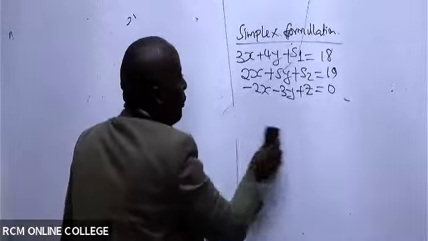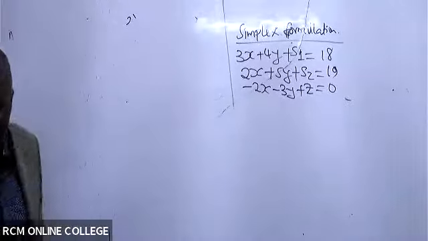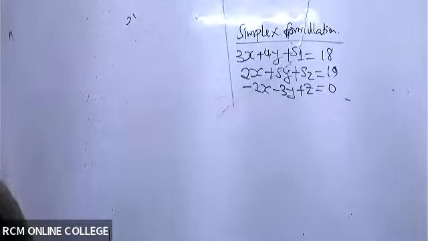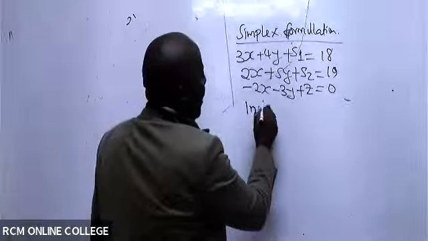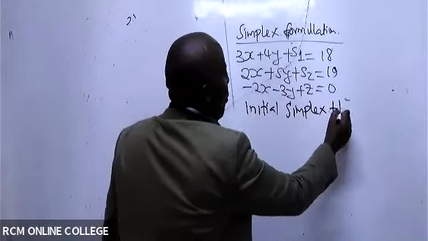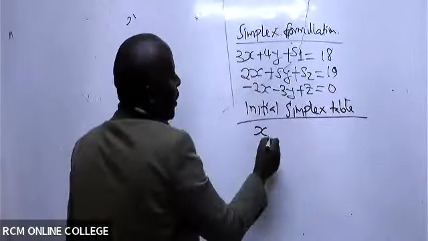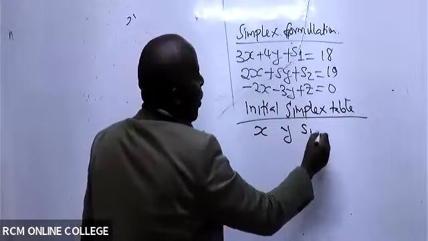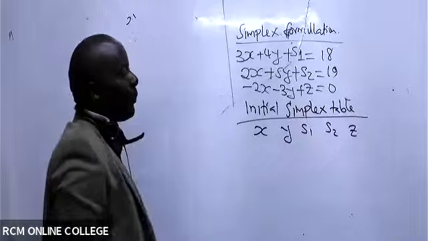After we do this simplex formulation, we go ahead and provide what we call the initial simplex table. In the initial simplex table, we have our variables x, y, s1, s2, and then of course z.